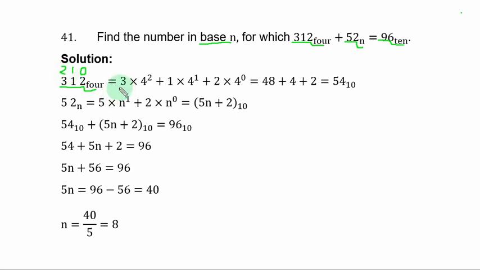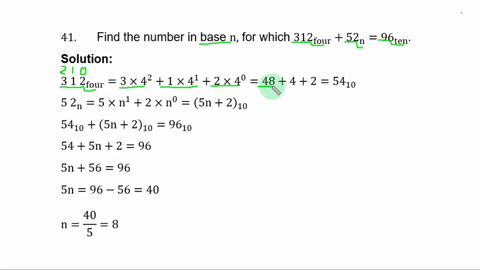So we have 3 times 4 power 2 plus 1 times 4 power 1 plus 2 times 4 power 0. 3 times 4 square, that is 3 times 16.